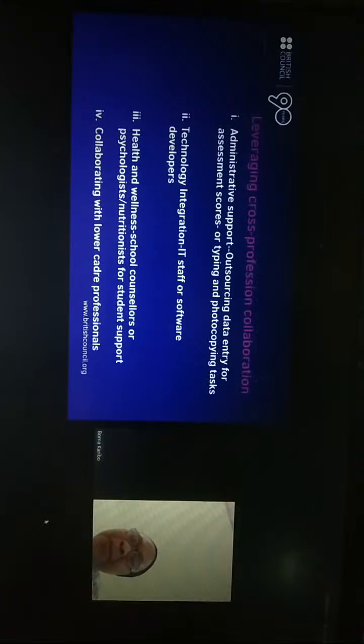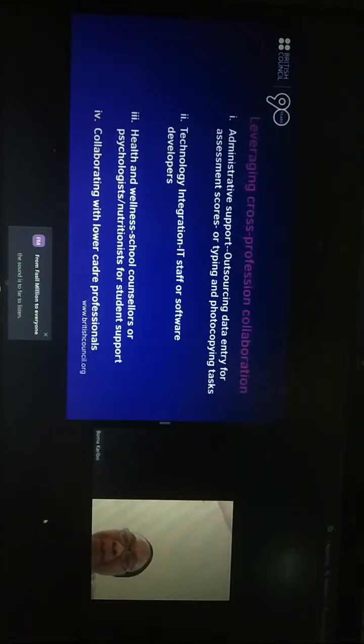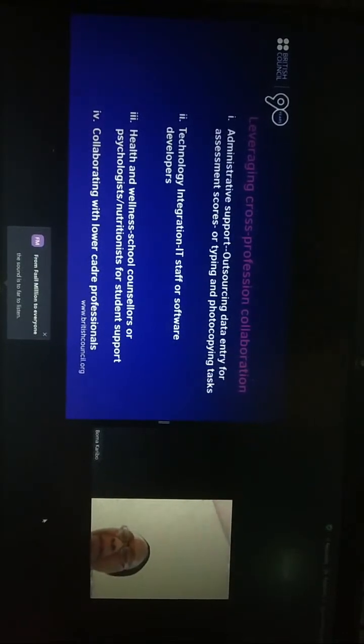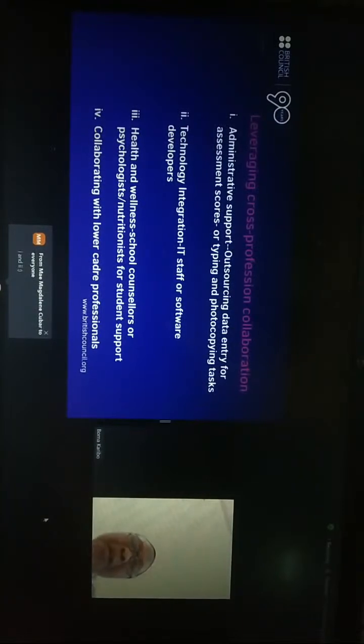When you have to do data assessment of scores, or type or photocopy the questions, you need to have different sheets for your classwork for students. Use the admin support.